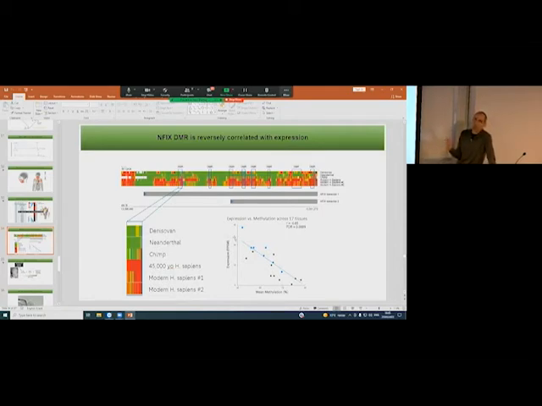Now, because we cannot measure expression in Neanderthals and archaic genomes, we use DNA methylation as a proxy. But sometimes DNA methylation is not related to expression. So, in order to ask whether this particular DMR or this particular enhancer or this particular promoter is really regulating expression, we look across different tissues. What you see here is the reverse correlation between the mean methylation and expression of NFIX in different tissues of modern humans.